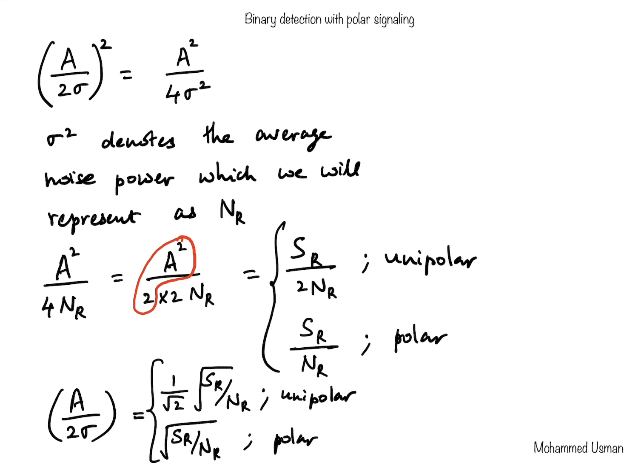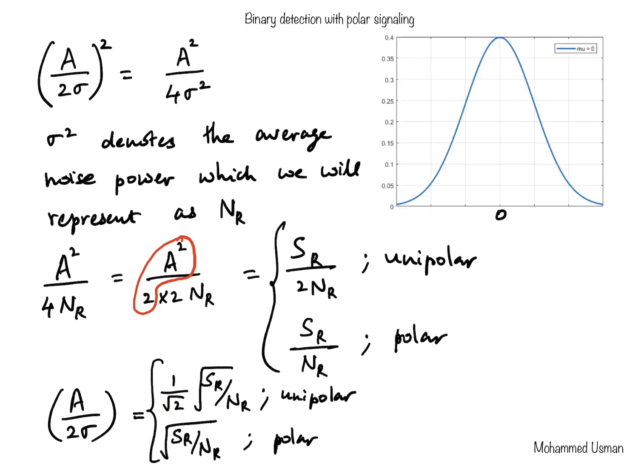So what happens is, because of that, the error probability is actually higher in the case of unipolar, and even though the error probability looks the same from the expression as Q of A by 2 sigma, this A by 2 sigma is actually smaller in the unipolar case by a factor of root 2 as compared to the polar case.